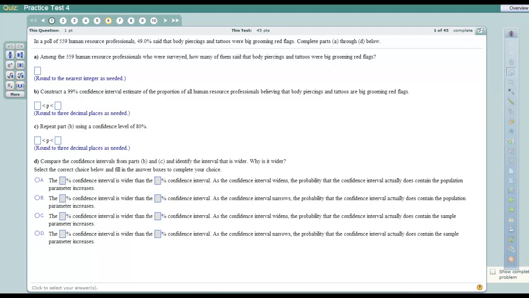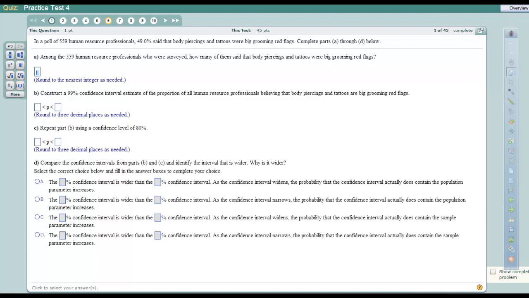So how would we figure out exactly how many said that? 559. Okay, 0.49 times 559. Let's see if I can blow this up a little. Okay, 274. Okay, good.